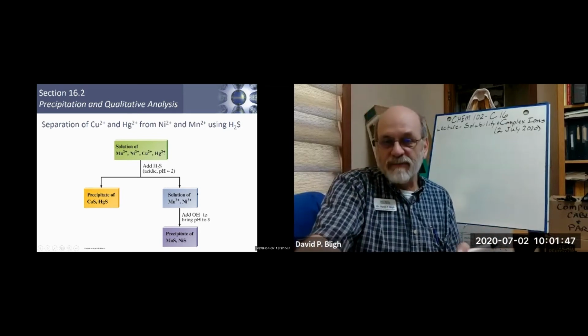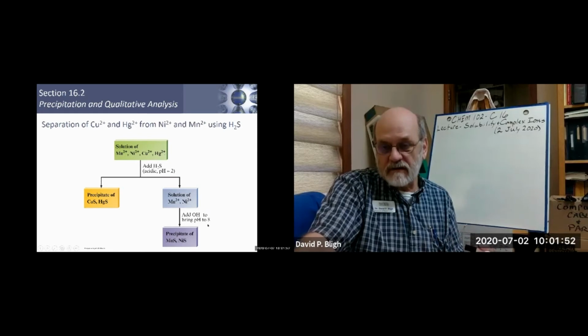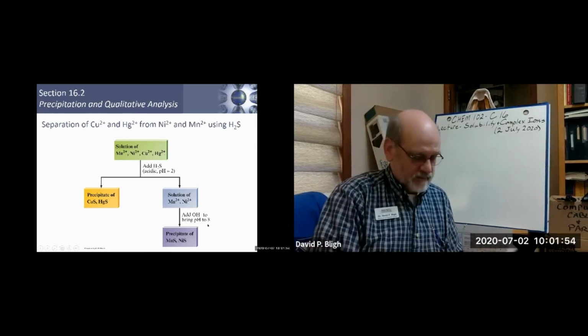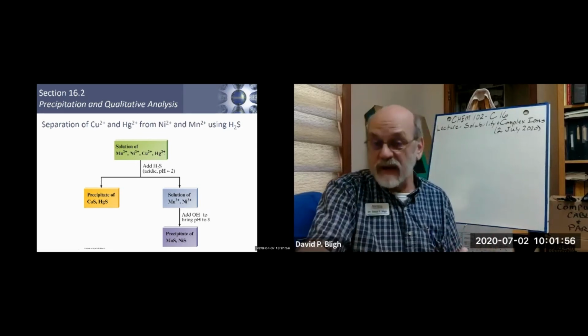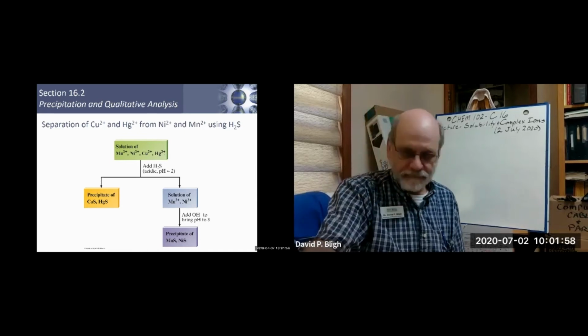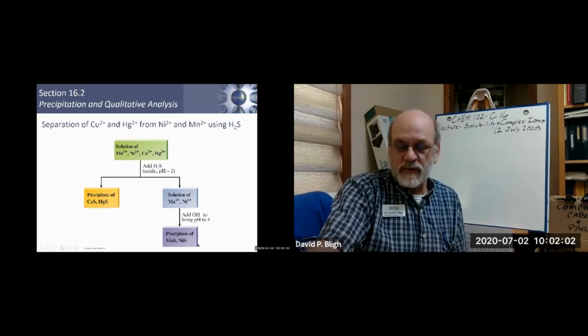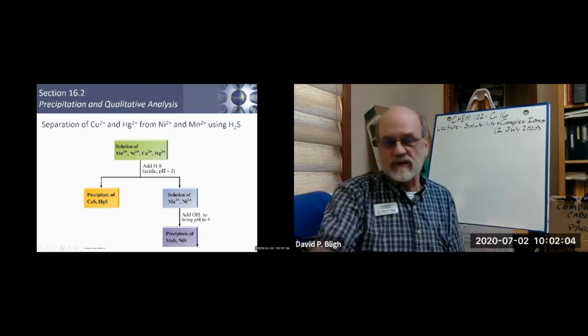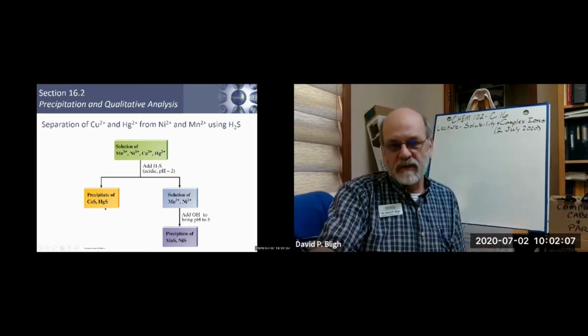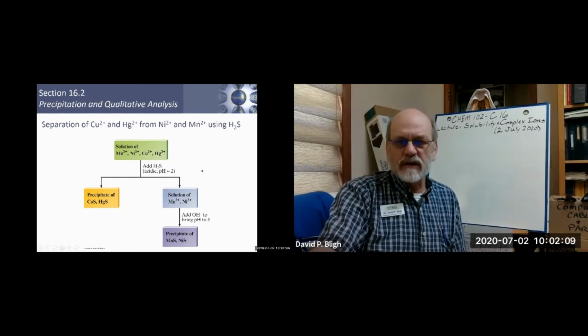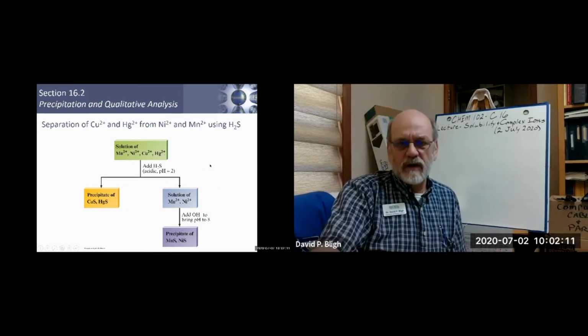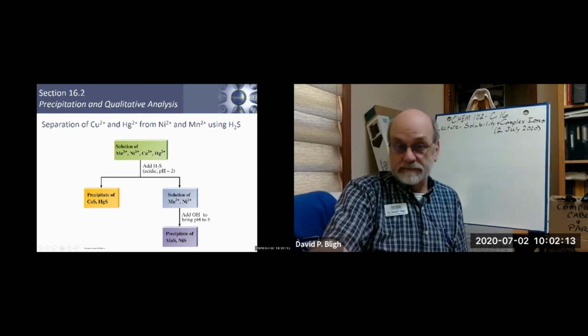Then you add a base to a pH that's in the alkaline range, right? Greater than 7. And now you've increased the Q to the point where you can precipitate these two. So that's your separation. I guess you could call it a decision tree or a process tree.